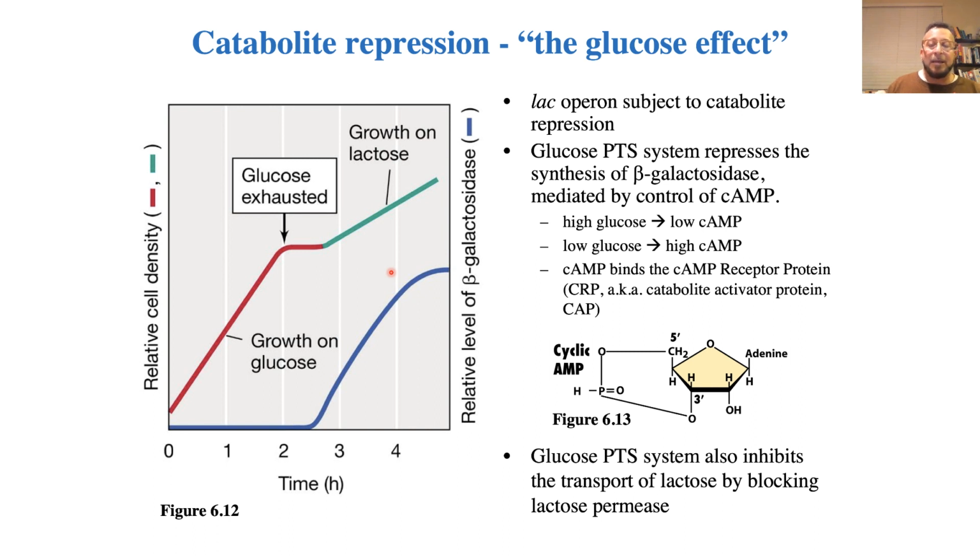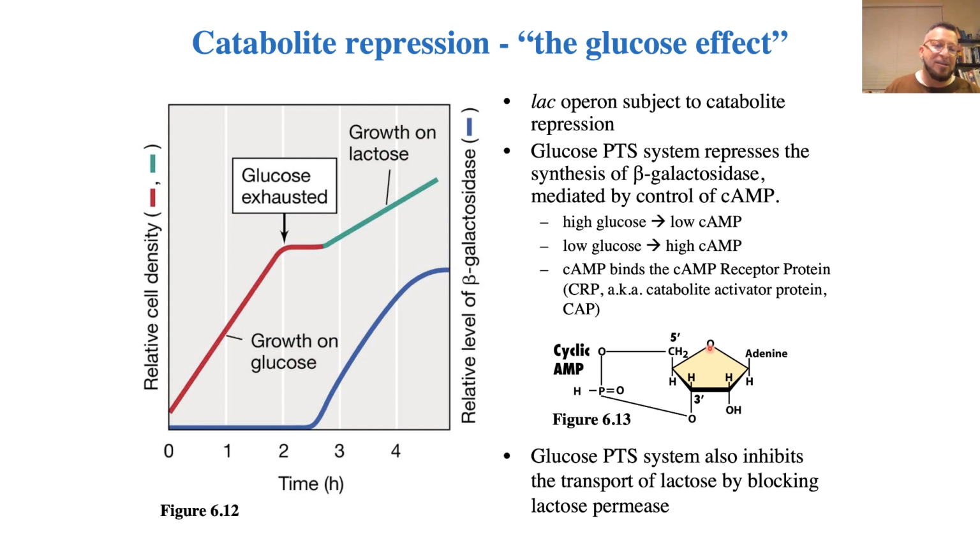adenylyl cyclase enzyme. So when cyclic AMP is available, that cyclic AMP can bind to this cyclic AMP receptor protein, or CRP, which in other books is also called the catabolite activator protein, CAP. Remember, adenylyl cyclase is the enzyme that produces cyclic AMP from ATP.